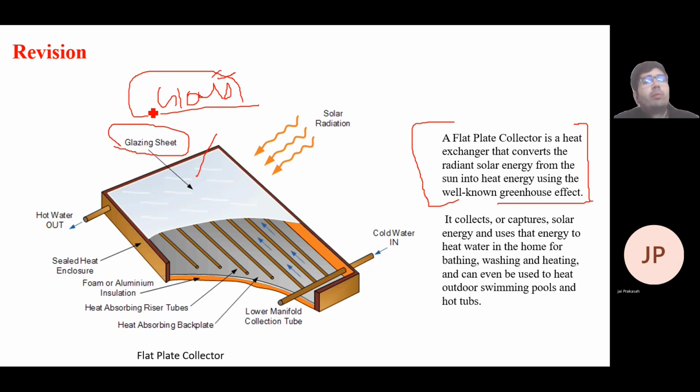Solar radiation is in the visible or UV spectrum, not in the infrared spectrum. But when it reflects back from the surface, it comes under the infrared spectrum, and the glass is opaque to the infrared spectrum.